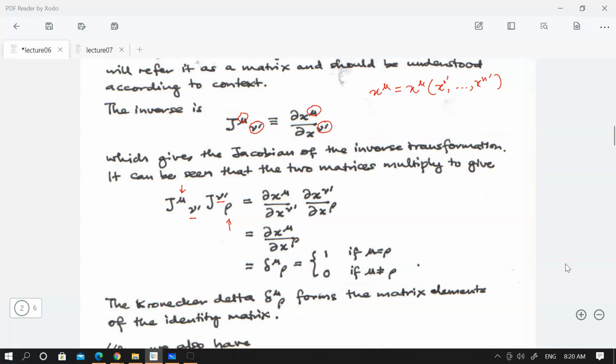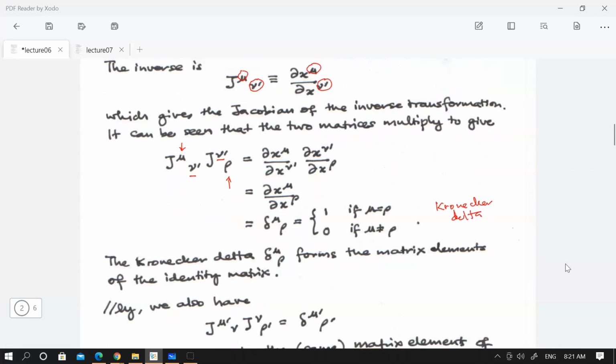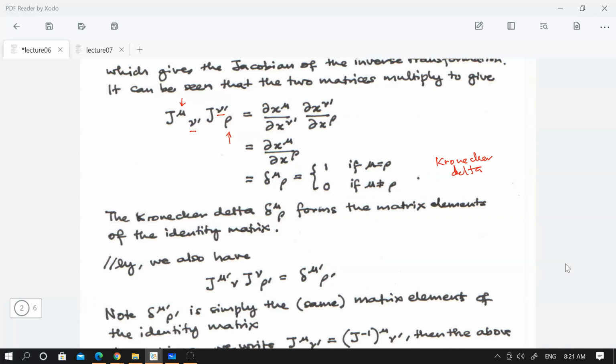So this is your Kronecker delta that you had seen somewhere before, and this Kronecker delta is really the matrix elements for your identity matrix.